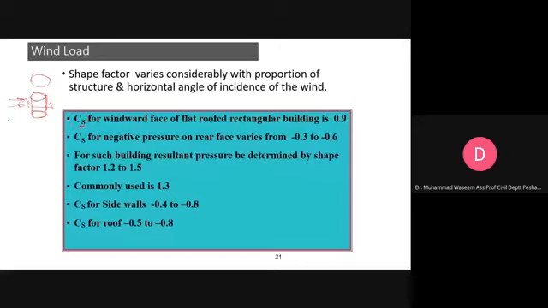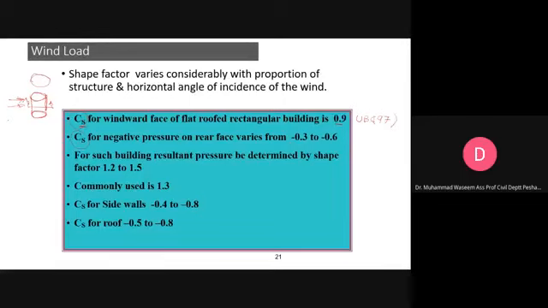We call them CS. Now CS for the windward face of a flat roof rectangular building is 0.9, and this value is coming from the UBC 97 code.